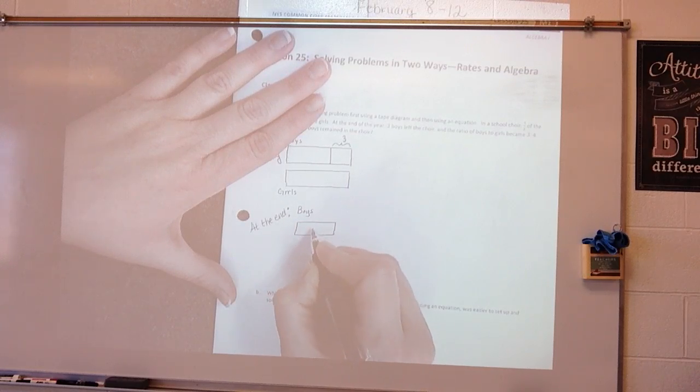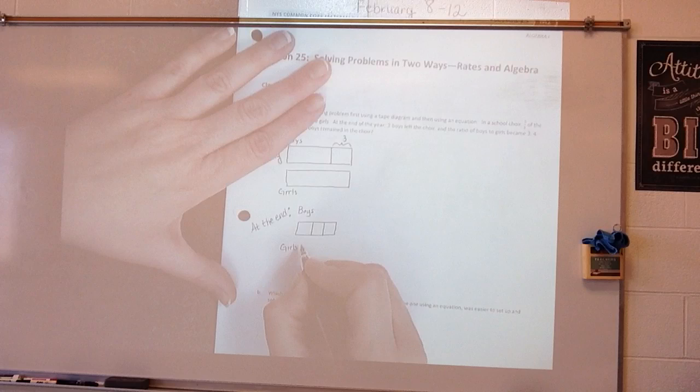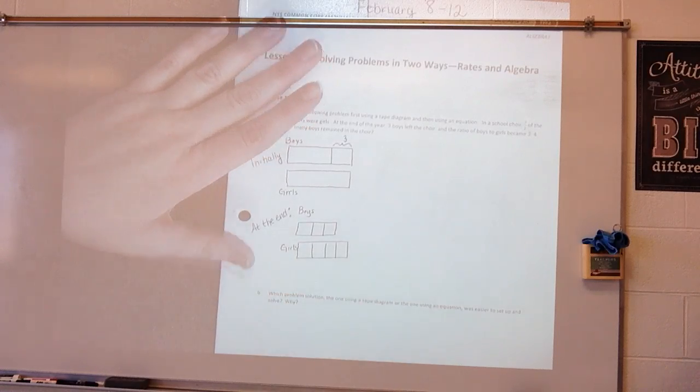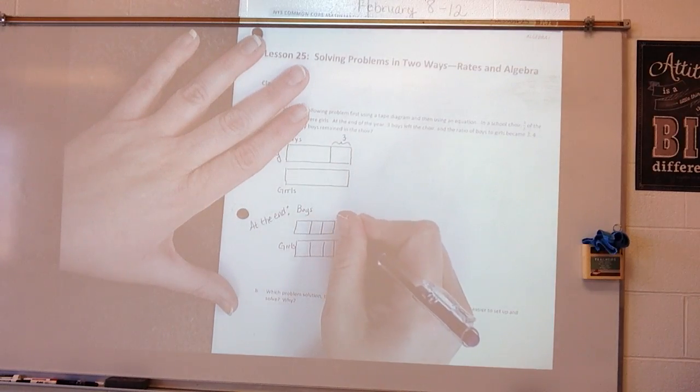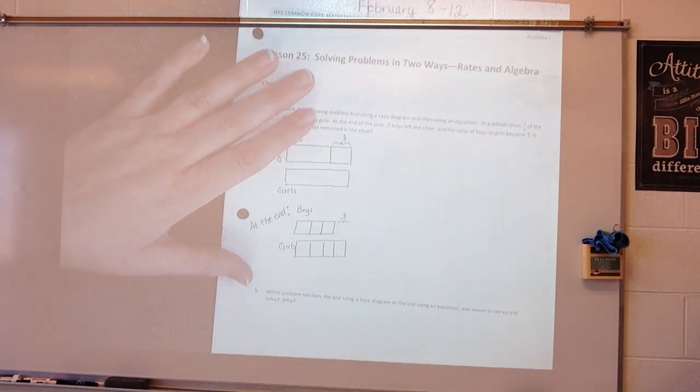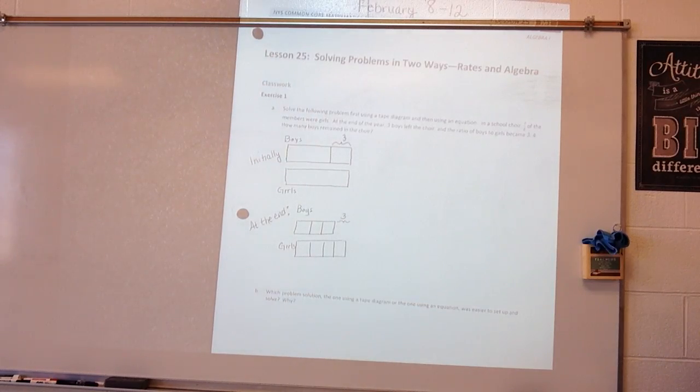It said we had a ratio of 3 to 4. Alright, so my girls are 3 to 4. Now, here's what I need to know. This is the unit that left, and that was 3 boys that left.